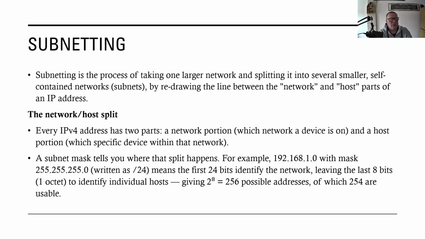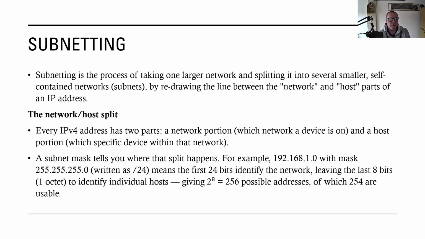So a little bit more of a look at subnetting, where we take a large network and split it up into smaller parts. Those parts are called subnets. And what we do with IP addresses is we assign different parts to the IP address. Some of the IP address refers to a network, and some of it refers to a host.